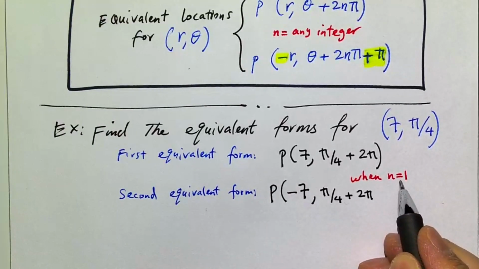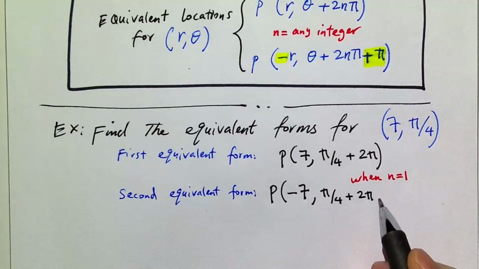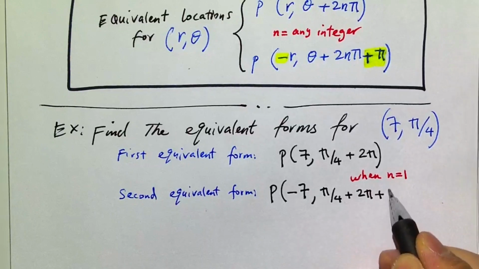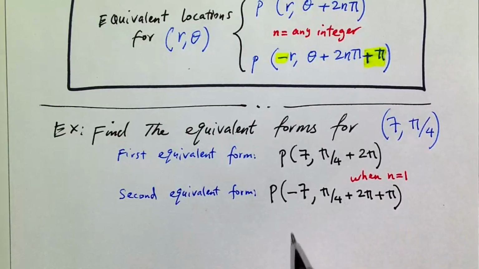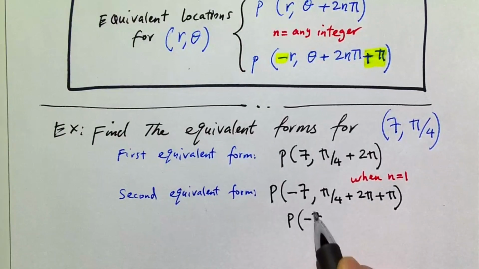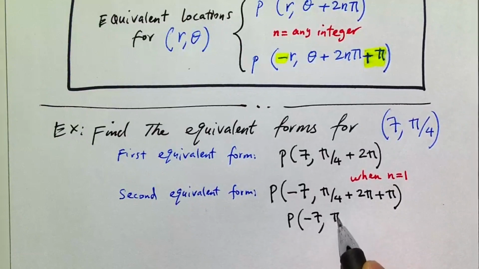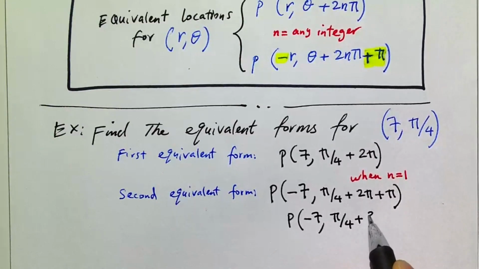Again, I'm using n equals 1. If you prefer, you can use n equals 10, and that would be another equivalent form. 2 pi plus pi, which would mean point P has coordinates negative 7 comma pi over 4 plus 3 pi.